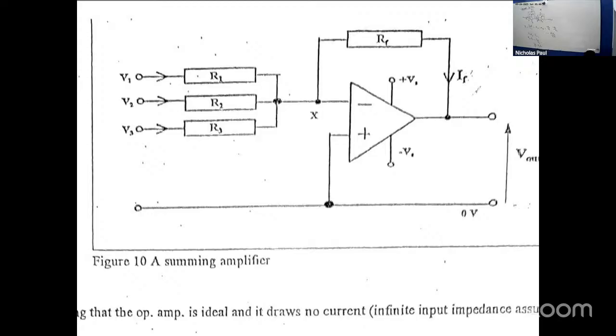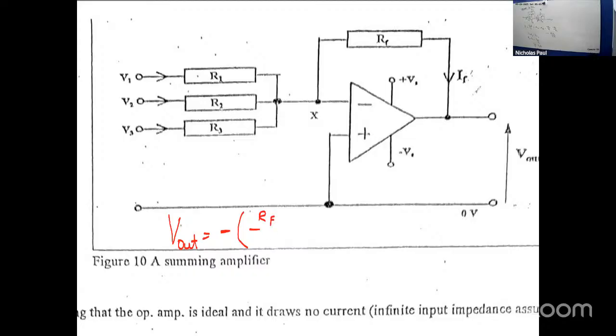Right. So how do we find V out? To find V out, we want to be able to incorporate everything. So here's how it looks. It's an inverting op amp, so I'm putting the minus sign on the outside.